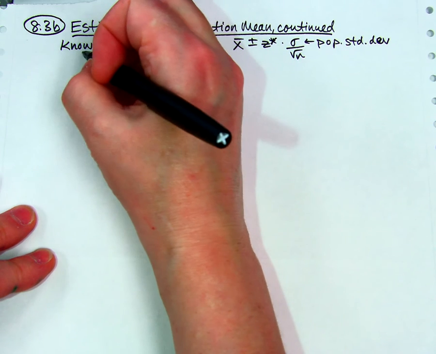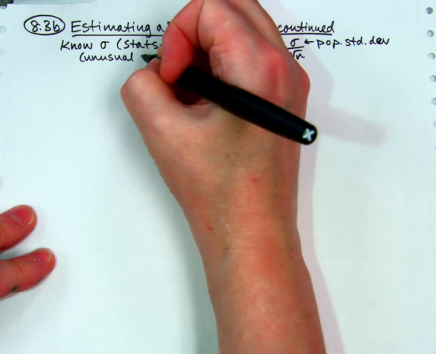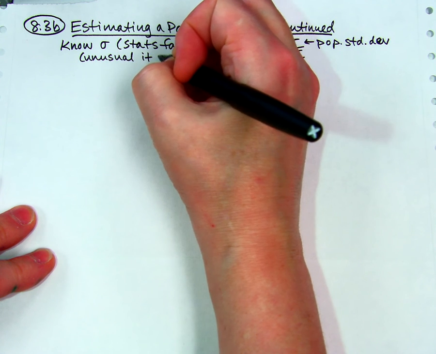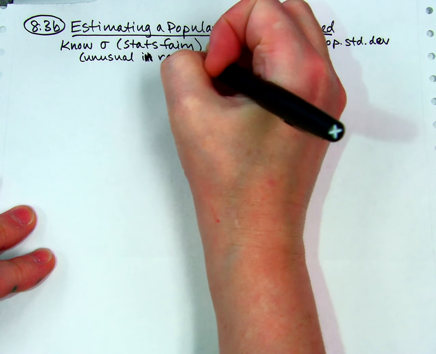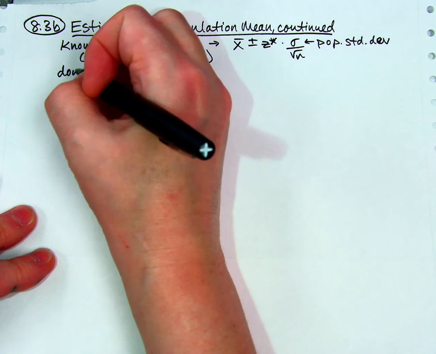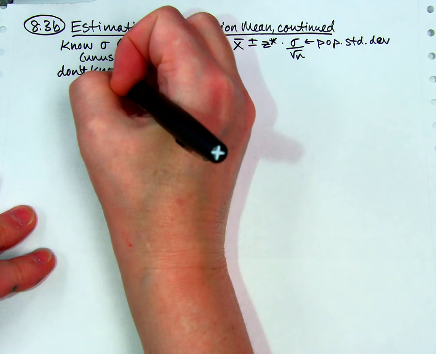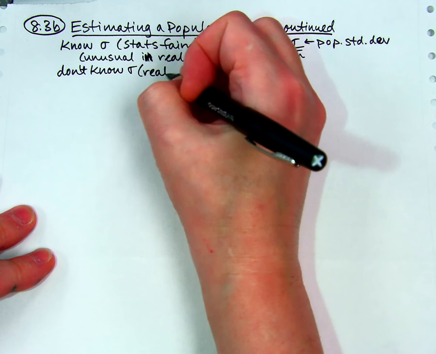This is really unusual in real life, so we're not going to do very much of it. A little bit of it, but not much. In real life, most of the time, we don't know sigma. That's the realistic version.